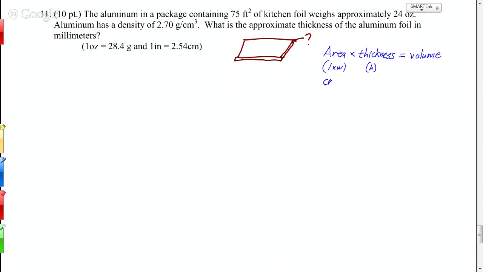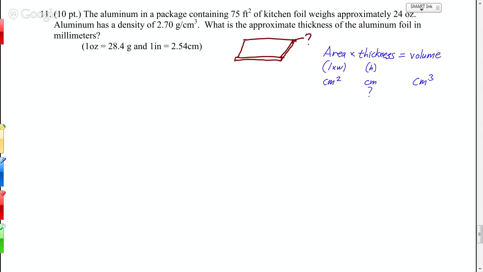We want all these units to be the same, so we want the area in square centimeters. The thickness is going to be our unknown, and then our volume is going to be in cubic centimeters. We will know the volume when we get it from the density. We know the area, but we'll have to convert units, and then we should be able to figure out the thickness.